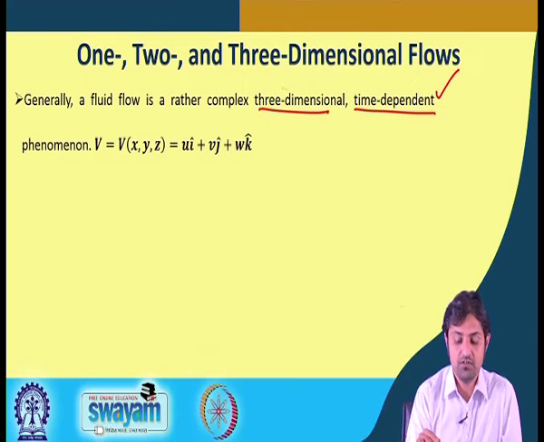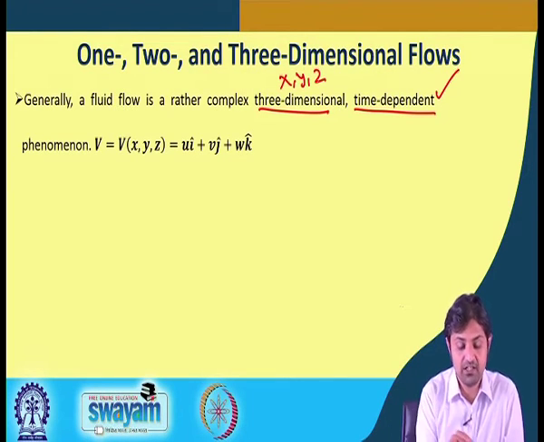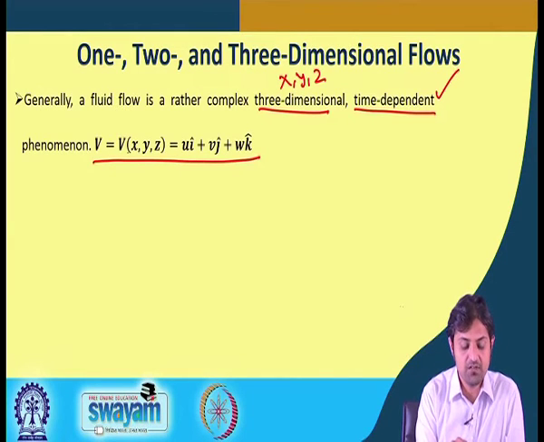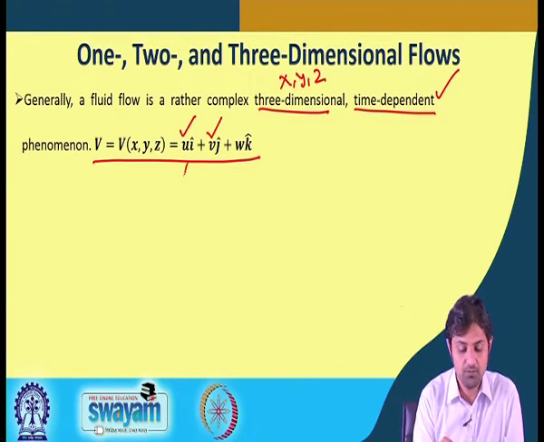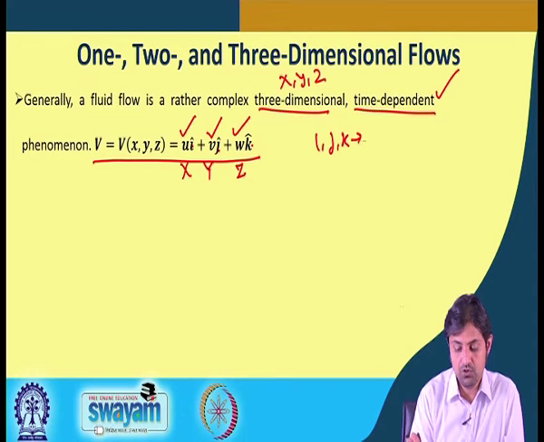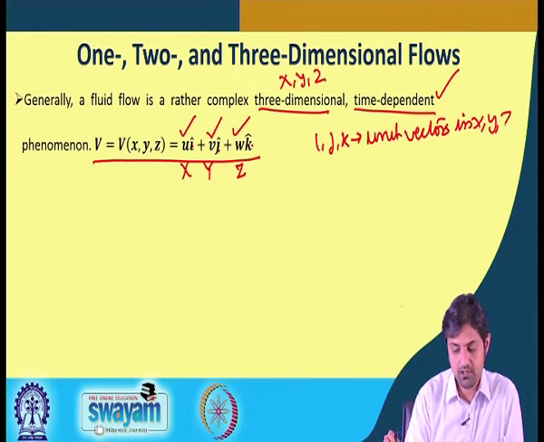3 dimensional means it will have x, y and z, all the 3 components, as indicated by this equation. V as a function of x, y, z, and t can be written with u as the velocity component in x direction, v as the velocity component in y direction and w as the velocity component in z direction. So i, j and k are the unit vectors in x, y and z direction.